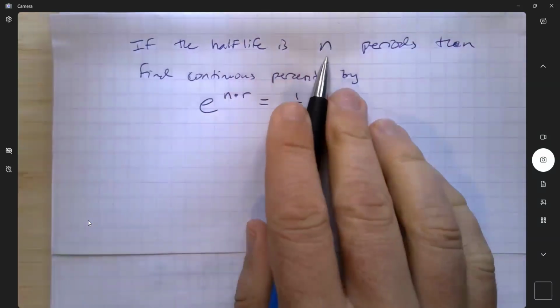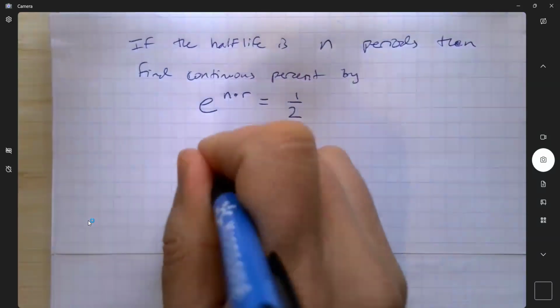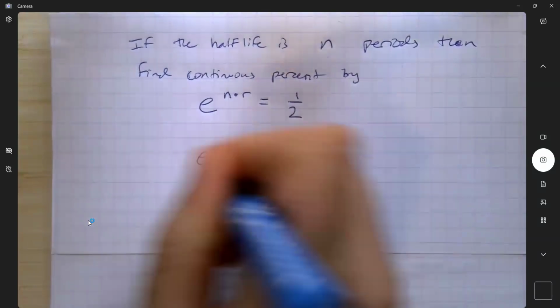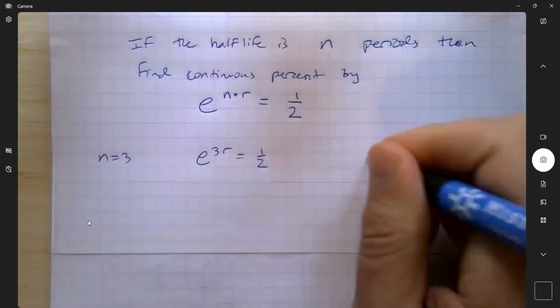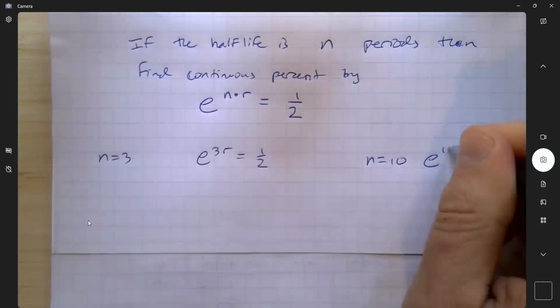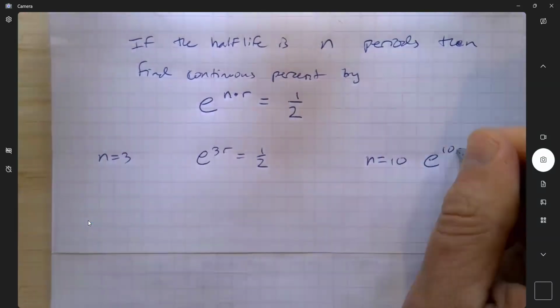We said n time periods, so we had e to the 3r equals 1/2 if n equals 3. And if n equals 10, then it would be e to the 10r equals 1/2.